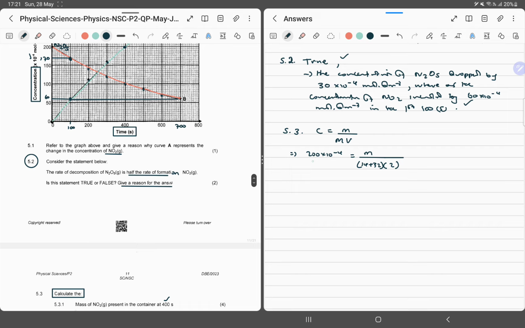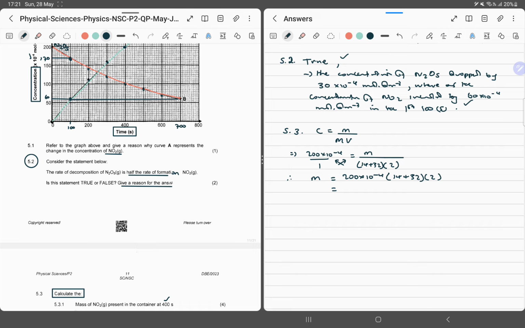So doing our gymnastics of our famous cross multiplication, we can conclude that the mass is going to be 200 times 10 to the minus 4 into 14 plus 32 times 2, which will give us what we want.